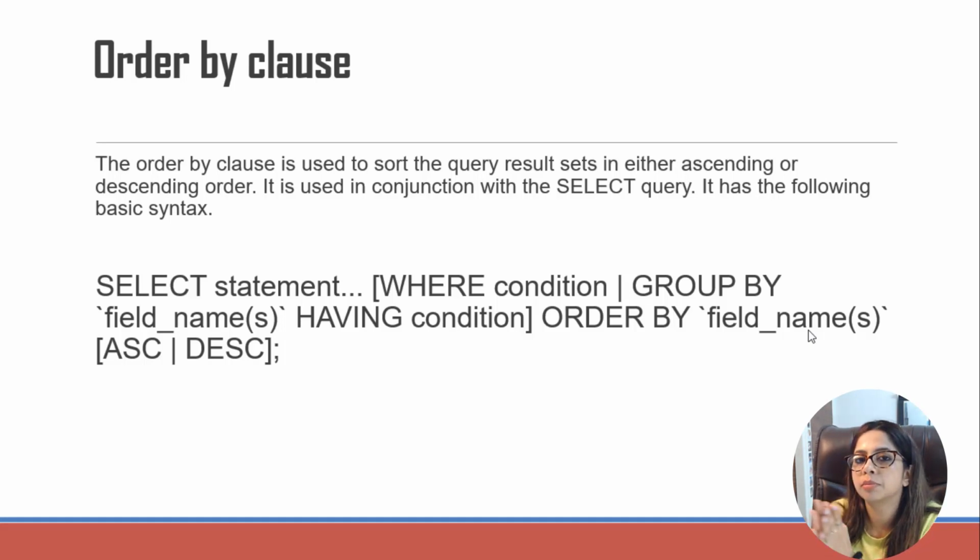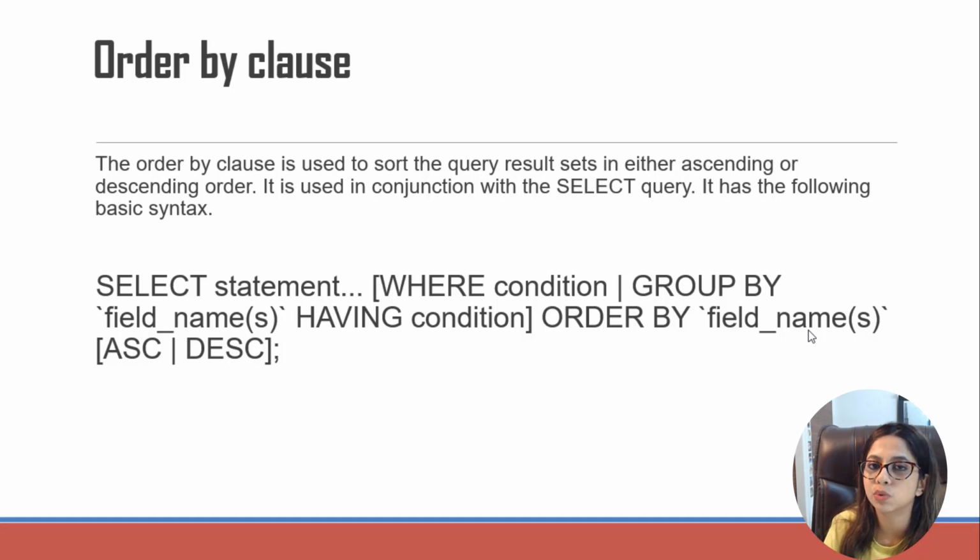So select star from table name where, then if you're applying group by, and then the clause of it, which is having, a condition on group by. Having acts like the where of select. Where restricts the amount of data you are getting, right? Similarly, having will also restrict the amount of data you are getting.